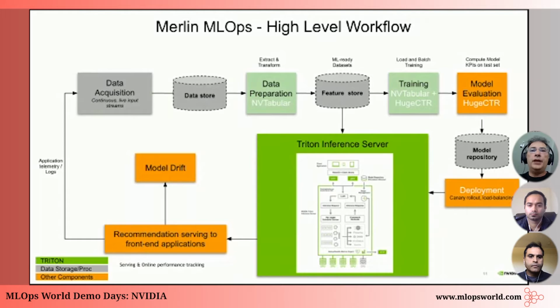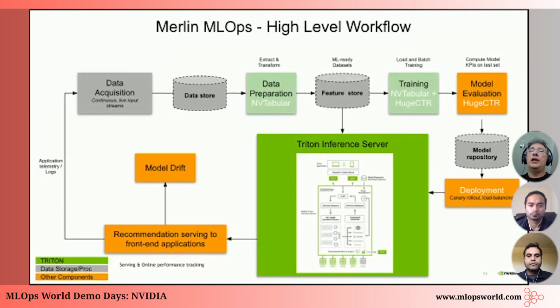Starting from the data store, data for the recommender system is preprocessed by NVTabular, which is part of Merlin, as I was saying before. Data features are extracted and stored in a feature store. Then they are ready to be processed and used to train the model.